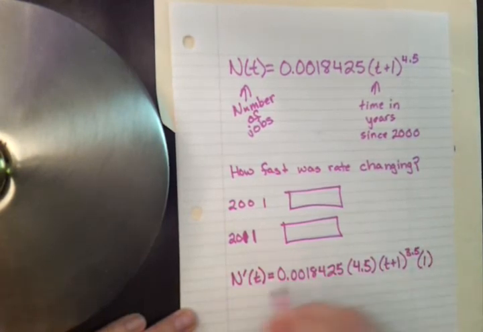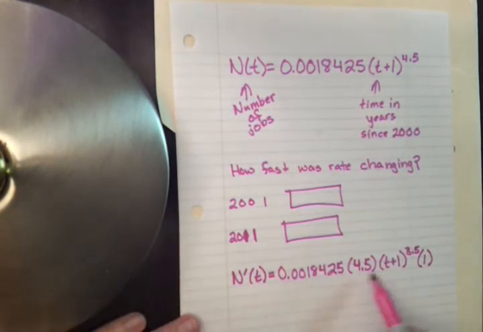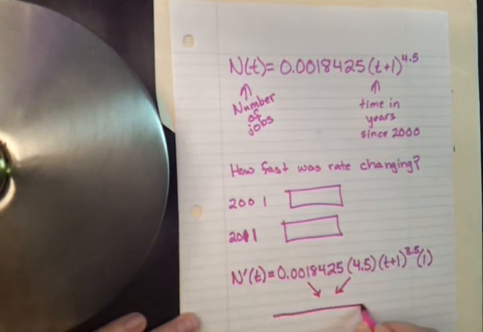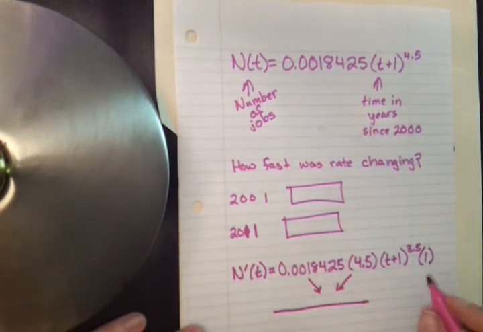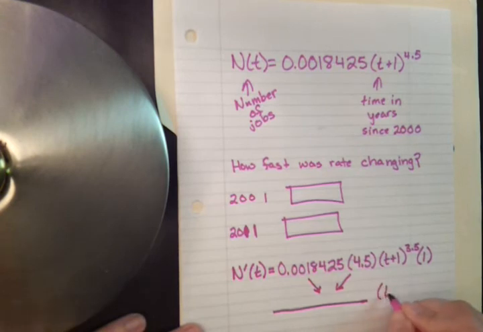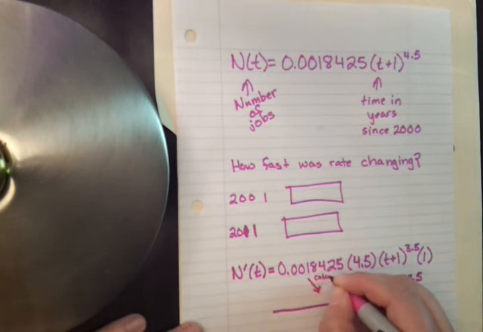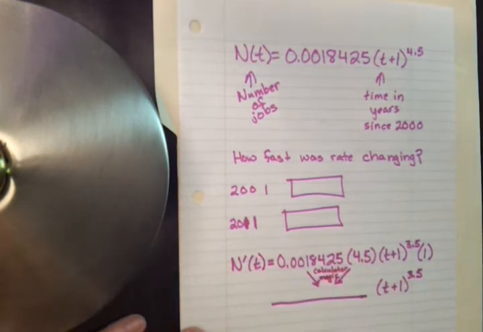Multiply that out in your calculator. Basically, you're just going to multiply these two together, and these two are going to combine to give you a number here. I haven't looked at it in my calculator. You can figure that out for yourself. And that's going to be times t plus 1 to the 3.5. So this is calculator magic right here. You can do that.